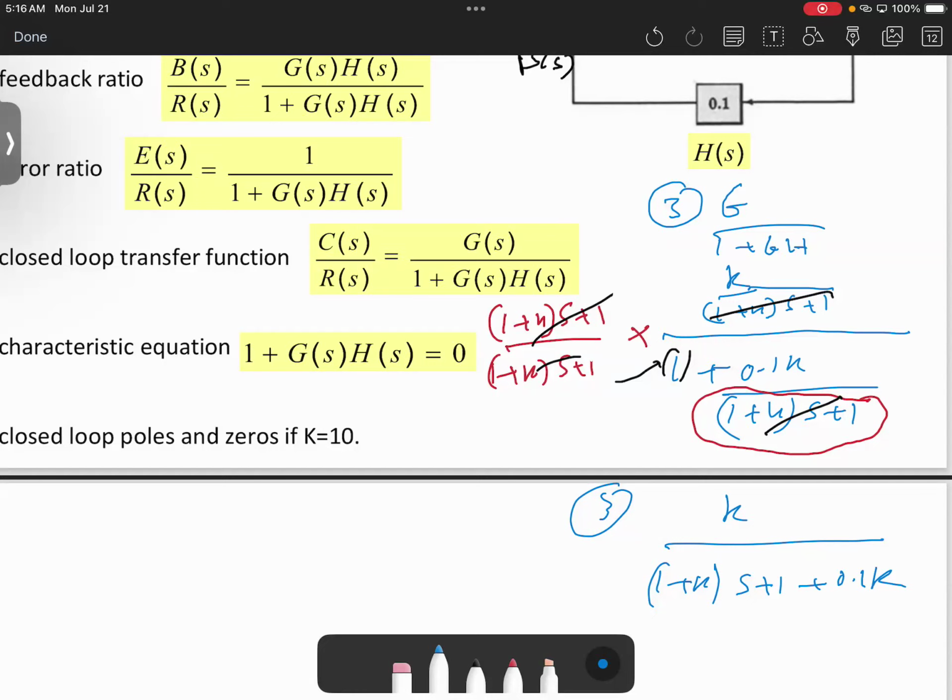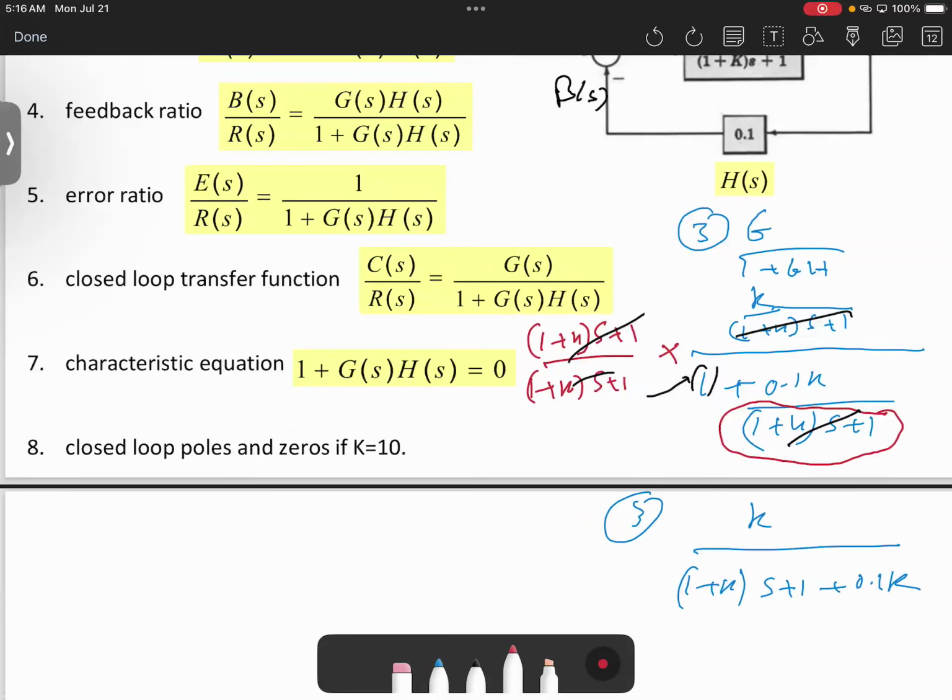One of the common mistakes in previous semesters is that many people did this correctly, but they didn't know how to get these results. They didn't know how to do the simplification. How can I do it? By multiplying by the common factor. Look at the denominator, multiply by this common factor, and that's it. So this is number 3, the control ratio.